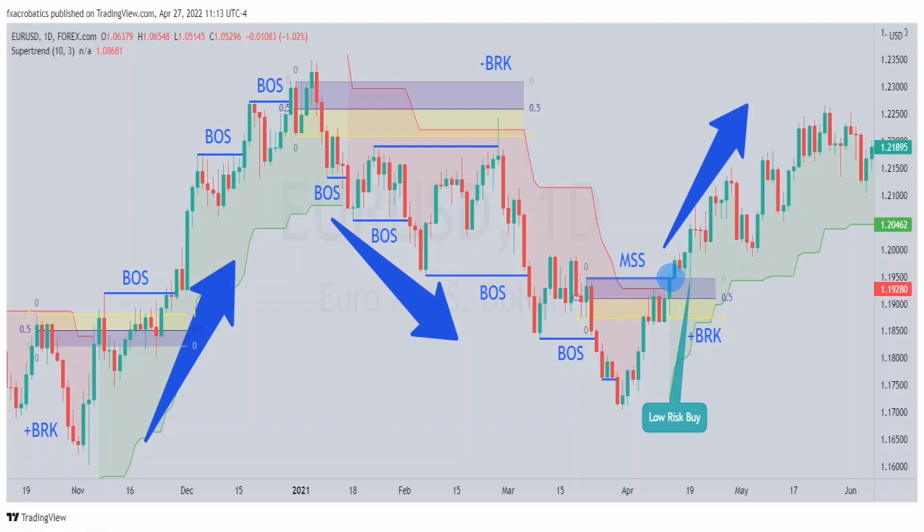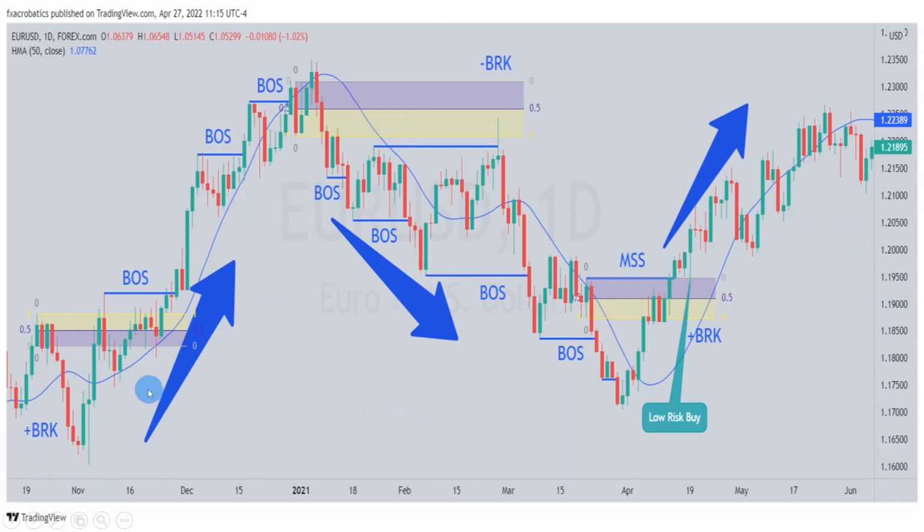Okay, so as I said, it's not that bad with the super trend. Let's look at other indicators like the Hull moving average. It's just messy. At this point here, it's telling you that it might be bullish, but here you are not quite sure already.